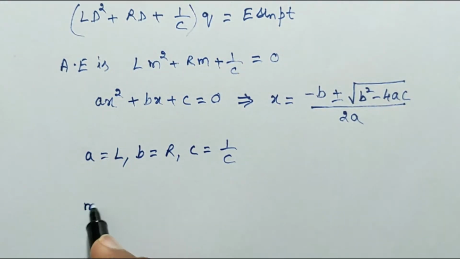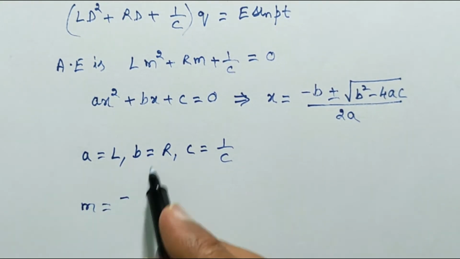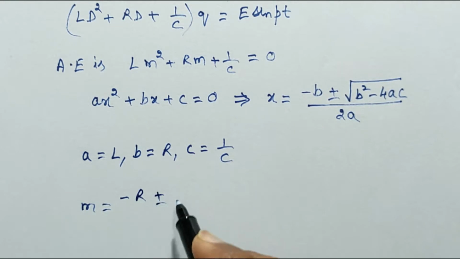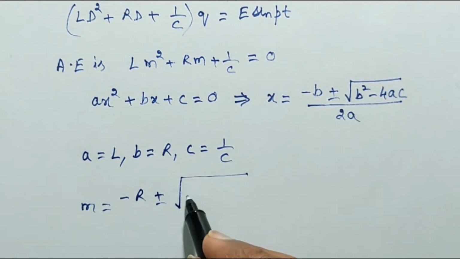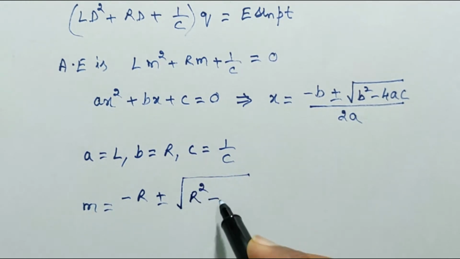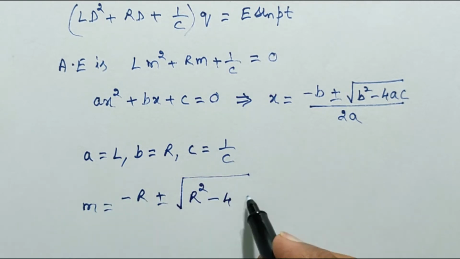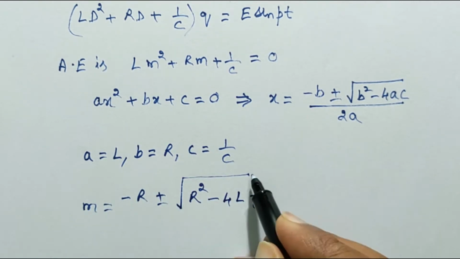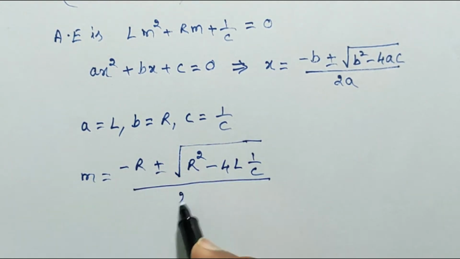Therefore, we get m to be equal to this formula: minus b, so b value is R, plus or minus square root of b square, so R square, minus 4 times a into c, that is L into 1 by C, the whole divided by 2 times a.